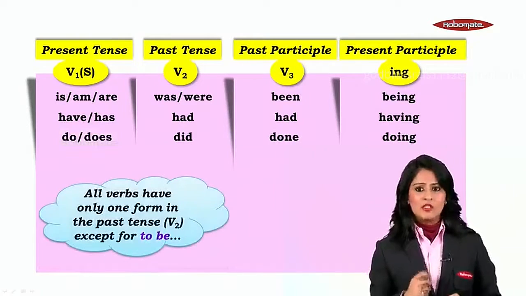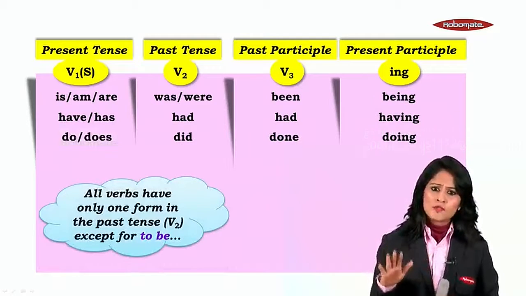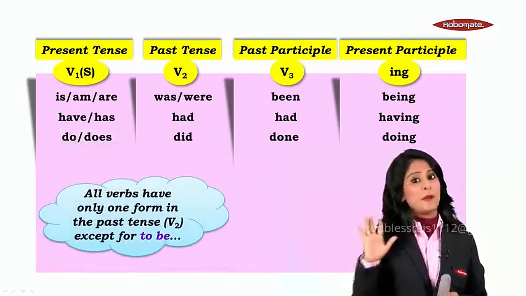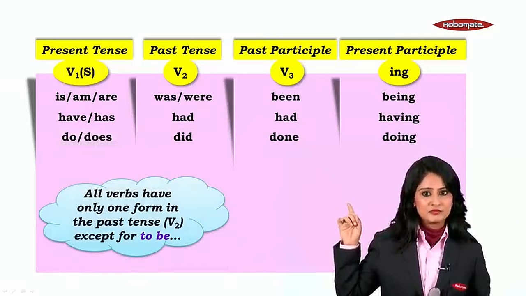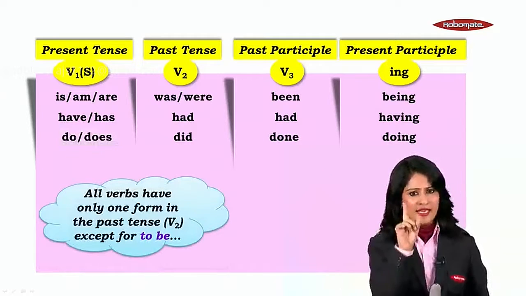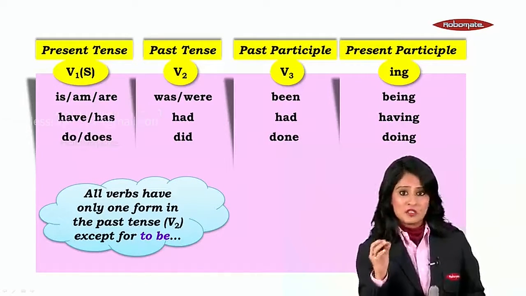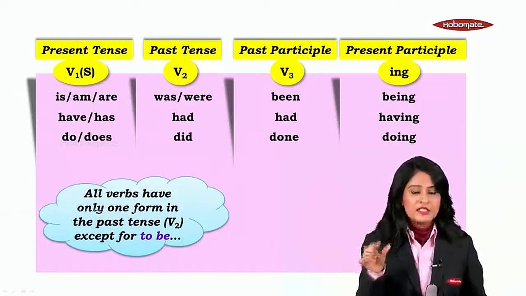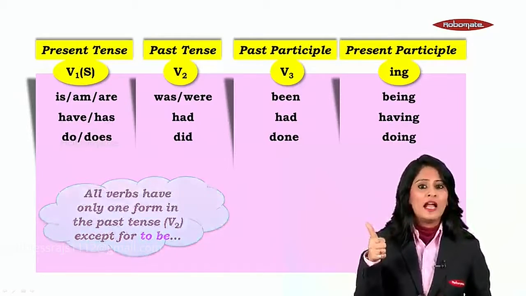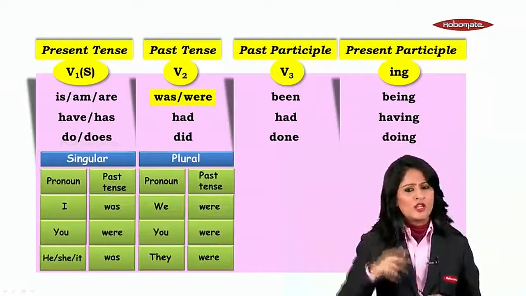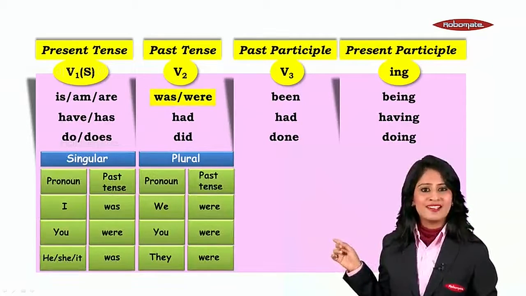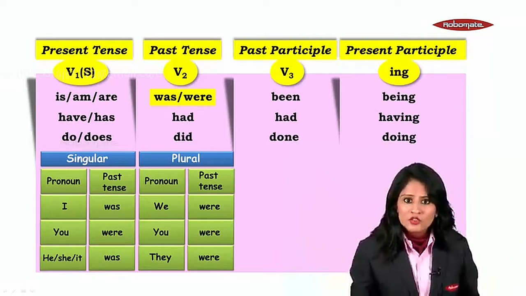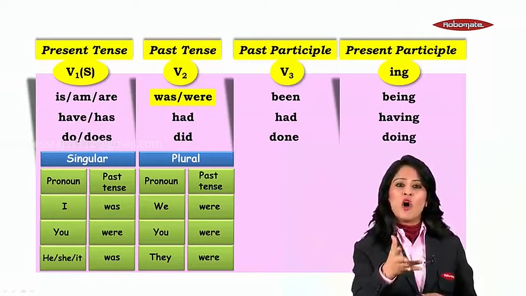Okay, now let's move on. All verbs have only one form in the past tense. There we can see had, did, only one form. But to be has was and were. Why is that? Because of this table again. I was, you were. You never say you was.